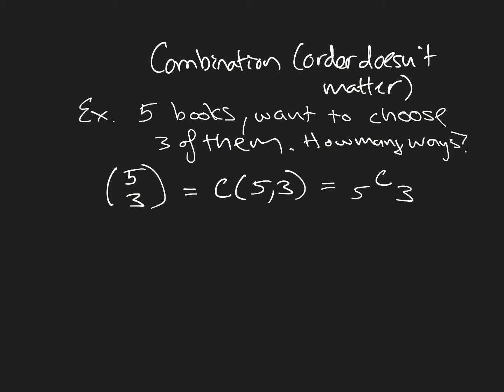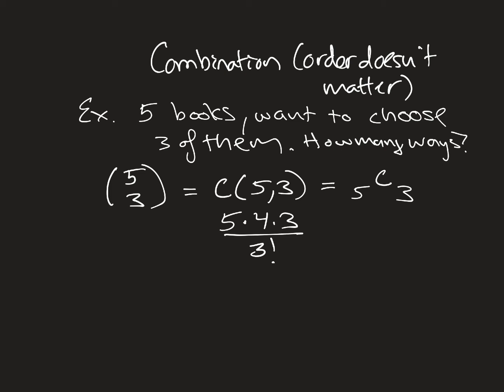If I think about what we did in last class, how I would solve this problem, and then we'll get to the formula behind it, I would say it's like the permutation. First I get how many ways I can choose 3 books out of 5 if order mattered, 5 times 4 times 3, but I have to divide out the number of ways of arranging the 3 items.